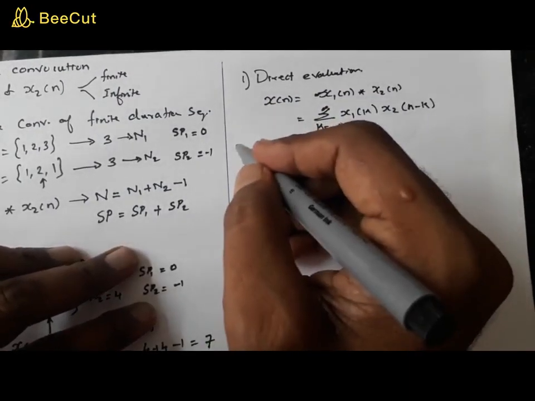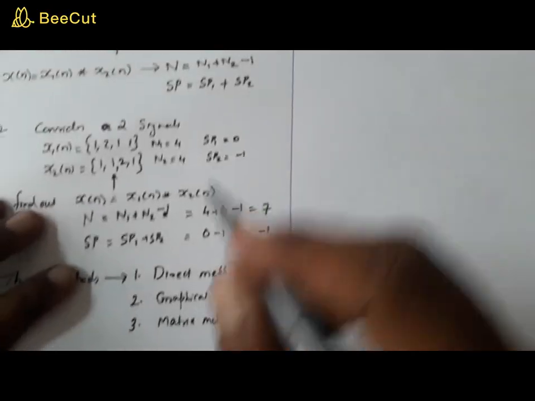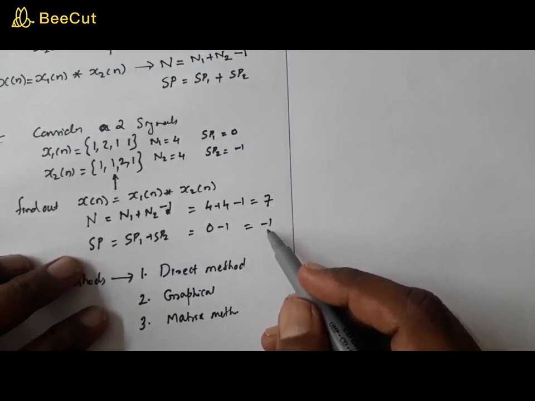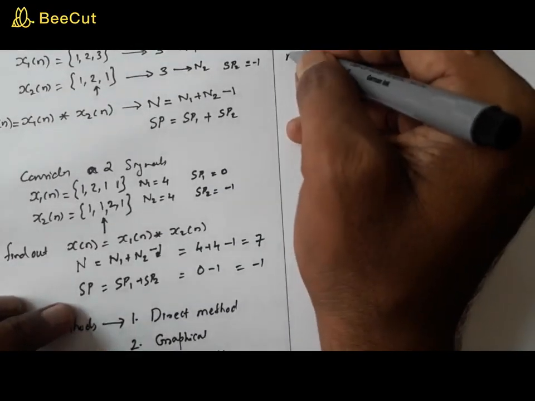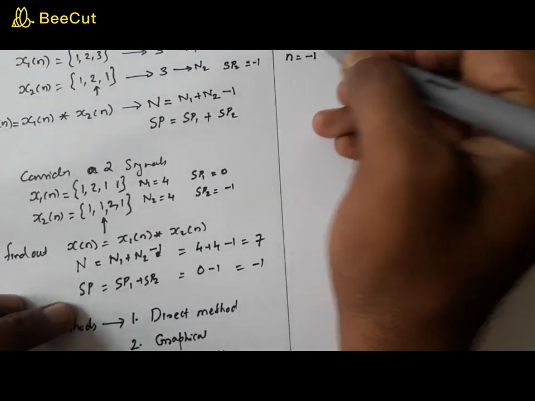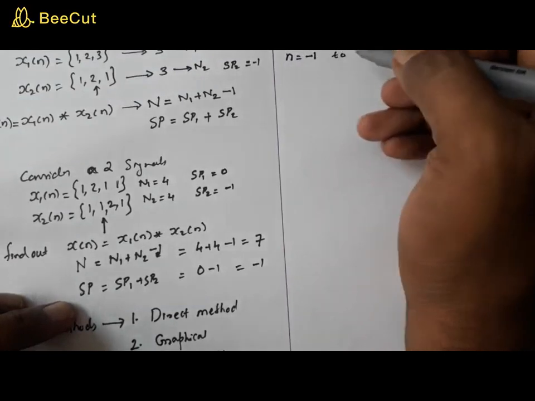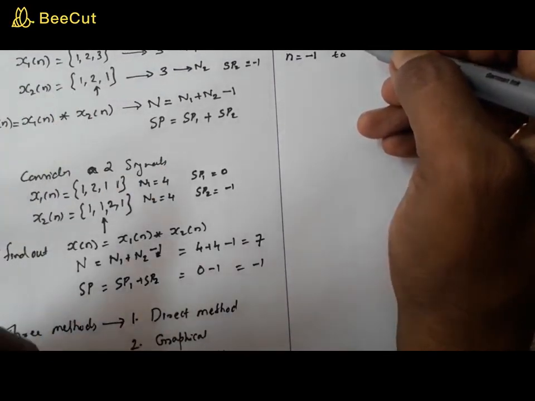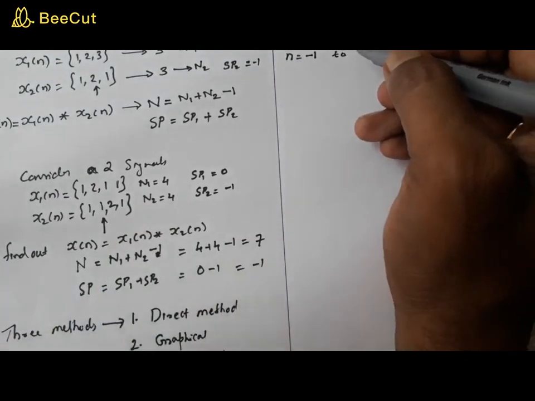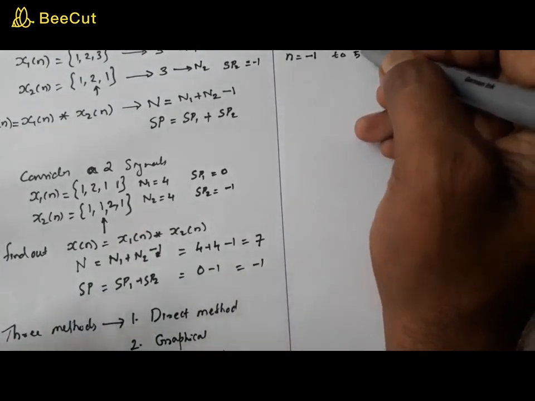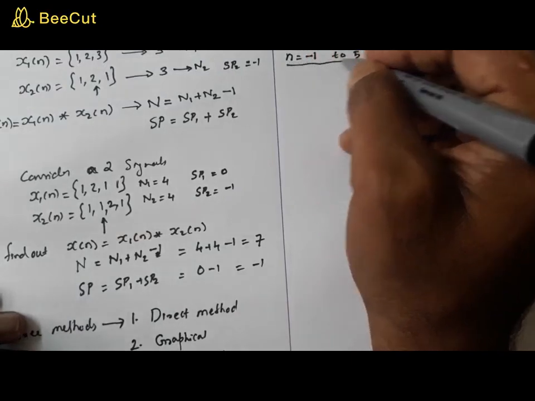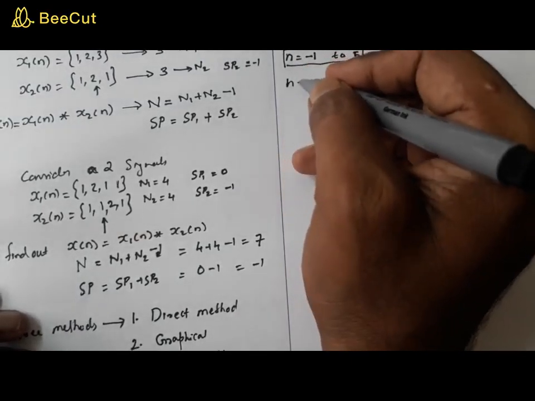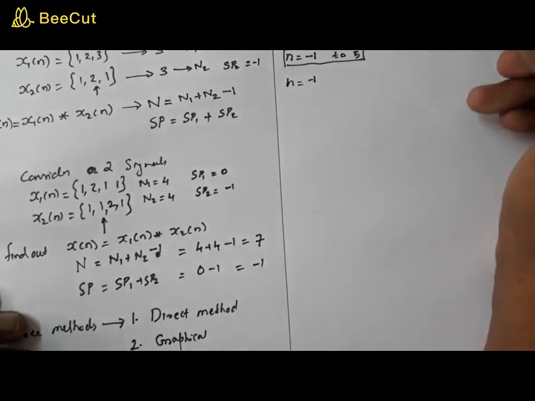Now, we have already found out that the starting point of this convolved signal is minus 1. So that means n should start from minus 1: minus 1, 0, 1, 2, 3, 4, 5. You have 7 samples. That means you should have the values from n equal to minus 1 to 5. So put n equal to minus 1 in this equation.